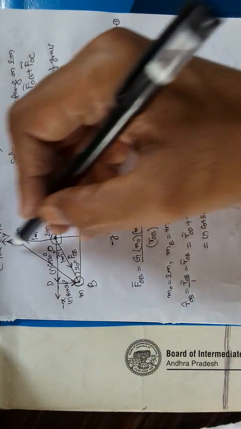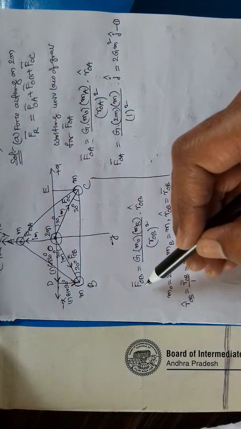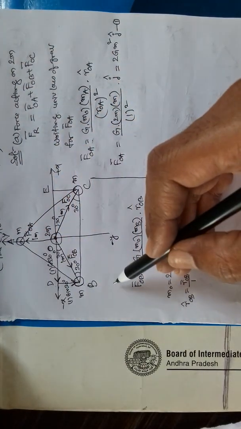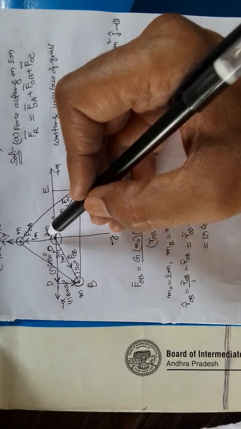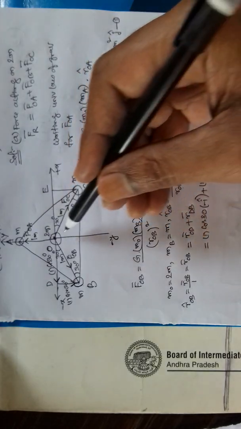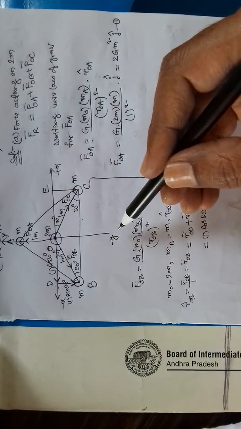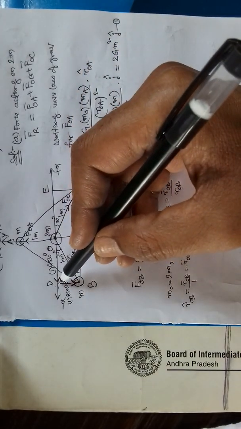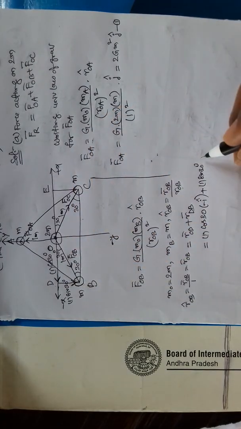See, this is the positive y-axis, this is the negative y-axis, parallel to that. Along the positive y-axis the unit vector is j, and along the negative y-axis the unit vector is minus j. So this is pointing downward, therefore minus j.